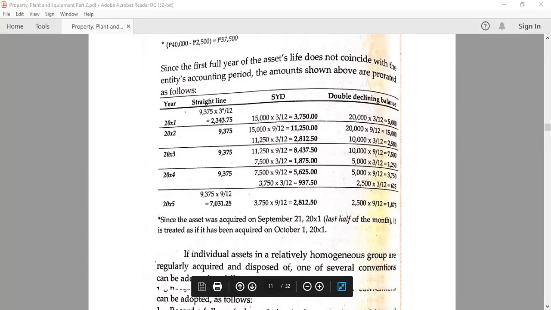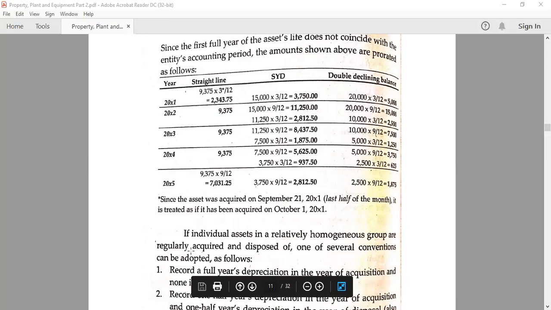Since the asset was acquired on September 21, 20x1, which is last half of the month, then it is treated as if it has been acquired on October 1, 20x1. This is the normal case. September 21 is beyond September 15, therefore it's no longer part of September. So we count from October, November, December.